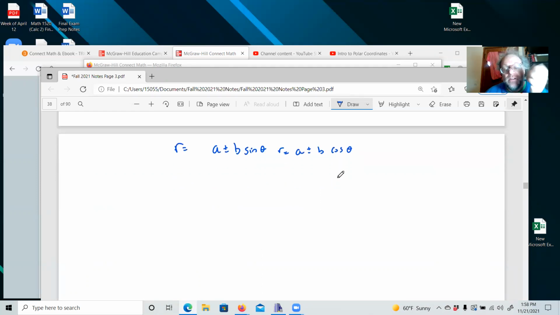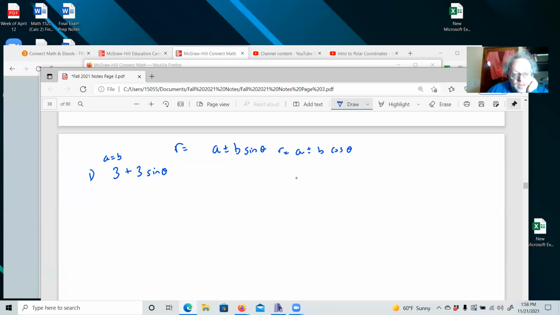All right, so let's go ahead and take a look at how we do this. We'll do case one. We'll say, how about 3 plus 3 sine theta? When a and b happen to be the same. So our first case is a is equal to b.